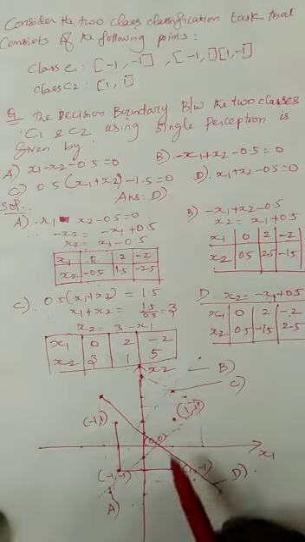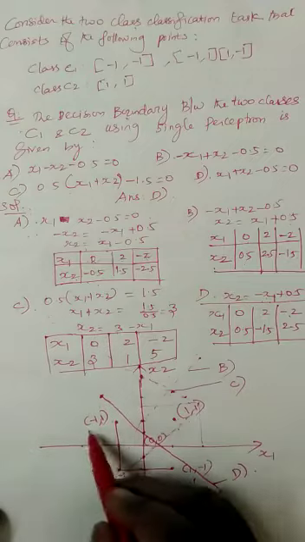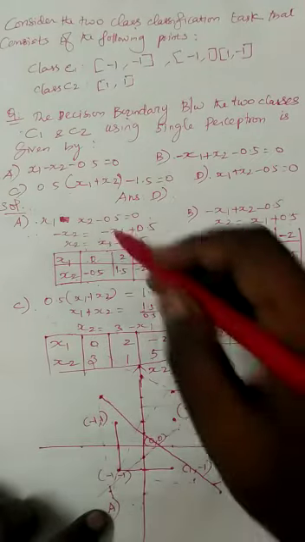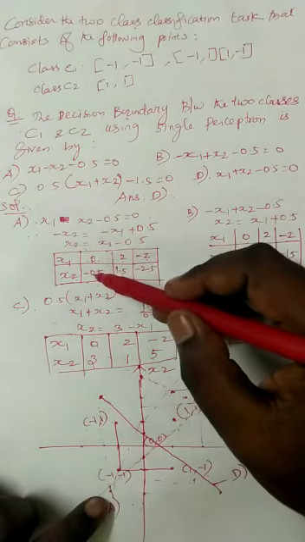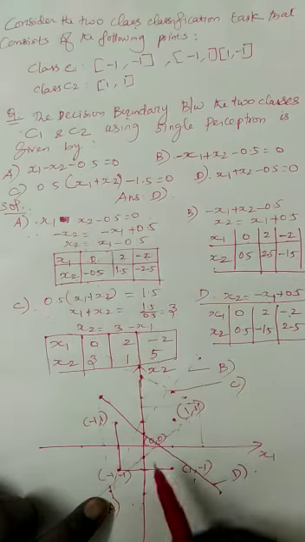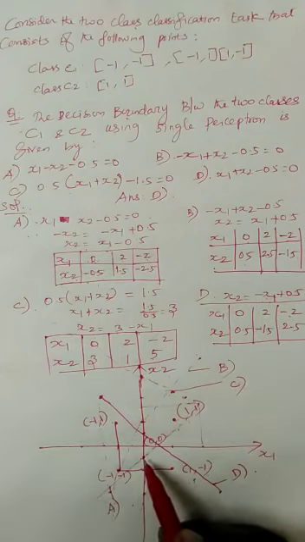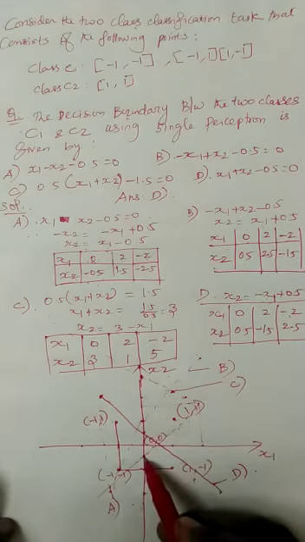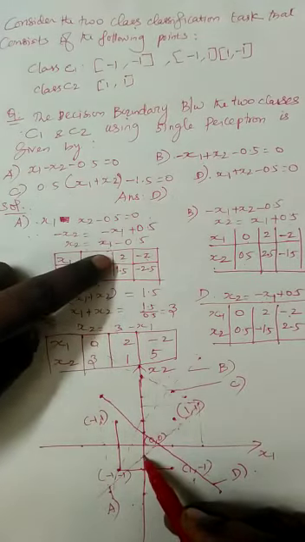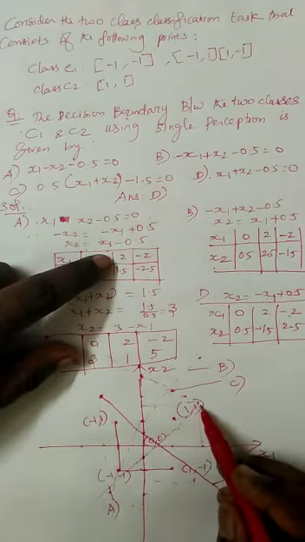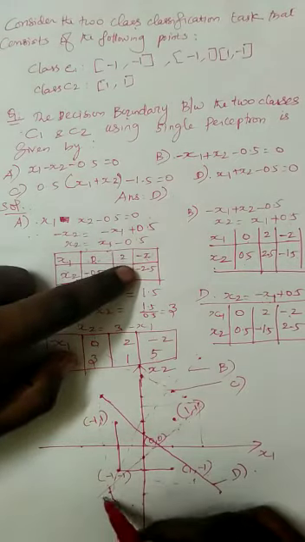First I represent all the class points: (1, 1), (1, -1), (-1, -1), (-1, 1). Now take option A points: (0, -0.5), with x1 as 0. Then (2, 1.5), and another point, (-2, -2.5), which will come here.